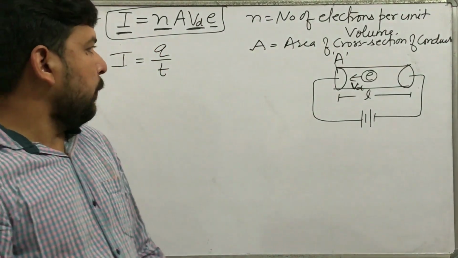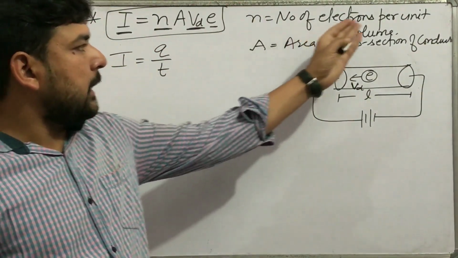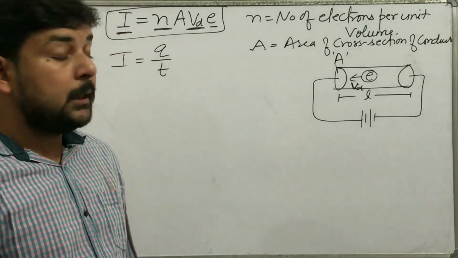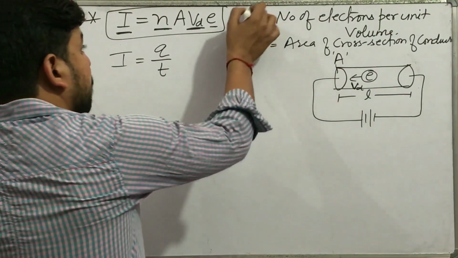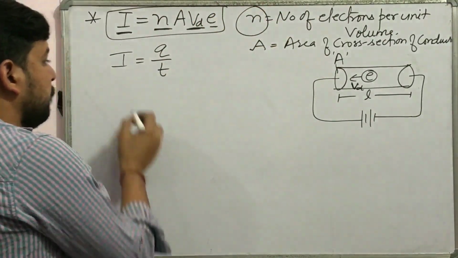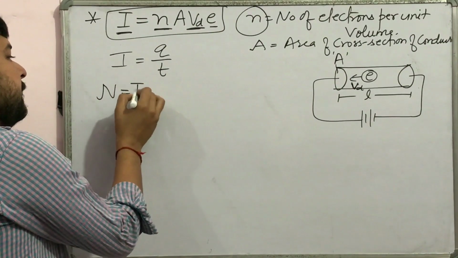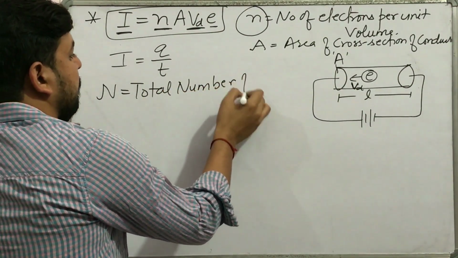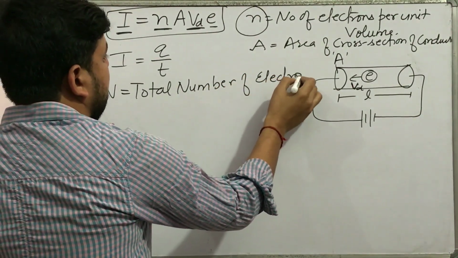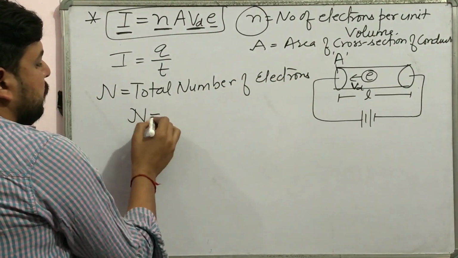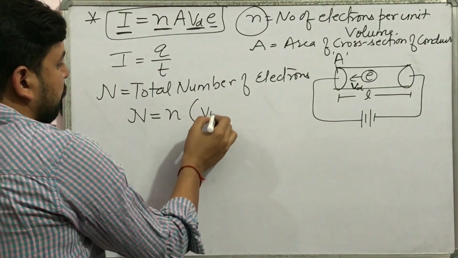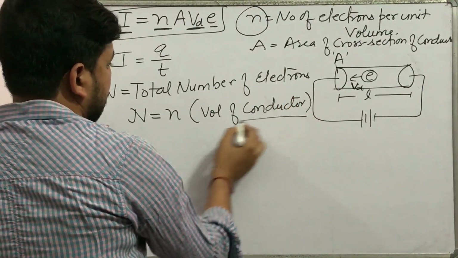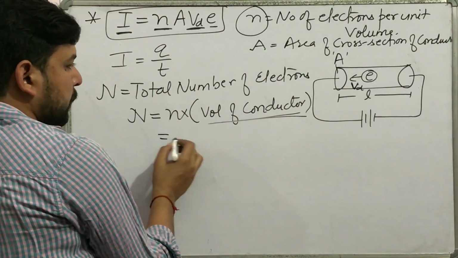Suppose small n is the number of electrons per unit volume. It means if capital N is the total number of electrons, then N equals small n into volume of conductor, and volume of conductor is what?